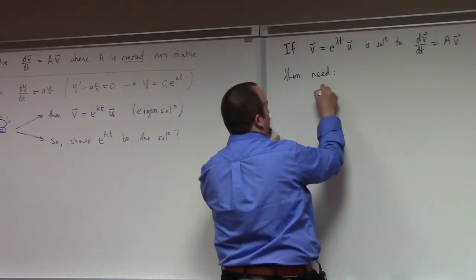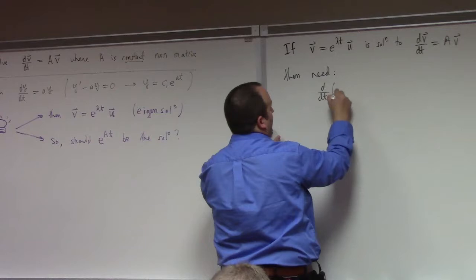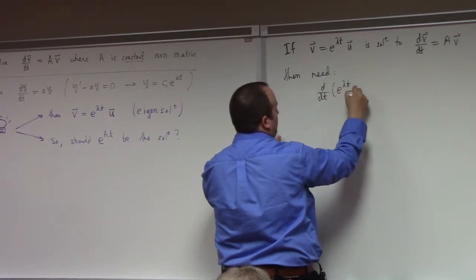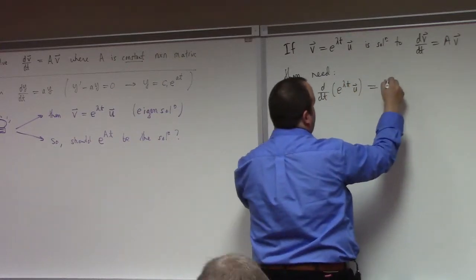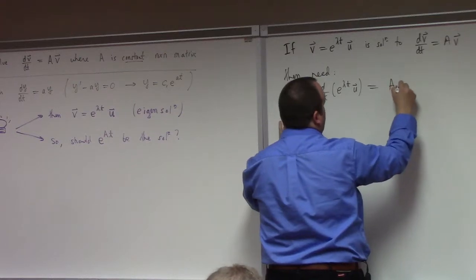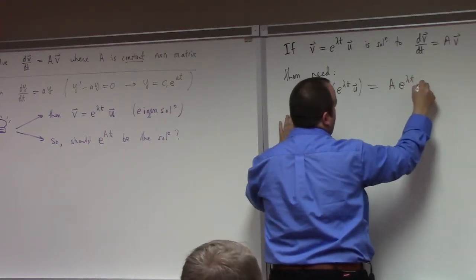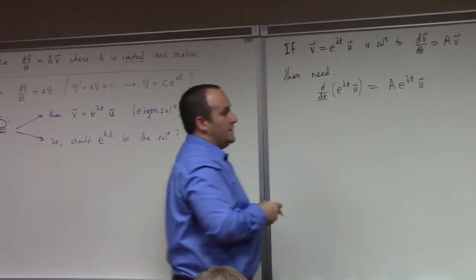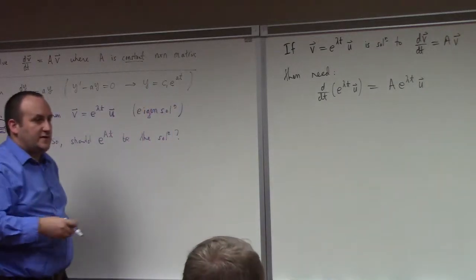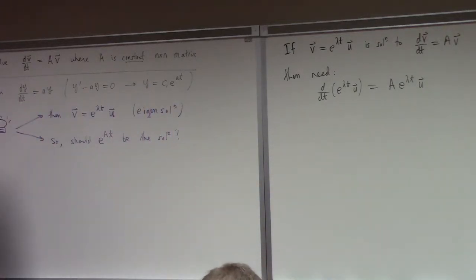We need that the derivative with respect to time of e to the lambda t times u is equal to A times e to the lambda t times u, right? In other words, if we plug the solution into the differential equation, it'd better work. You guys agree? Okay.